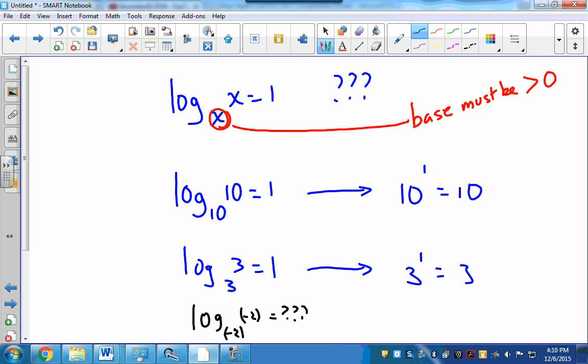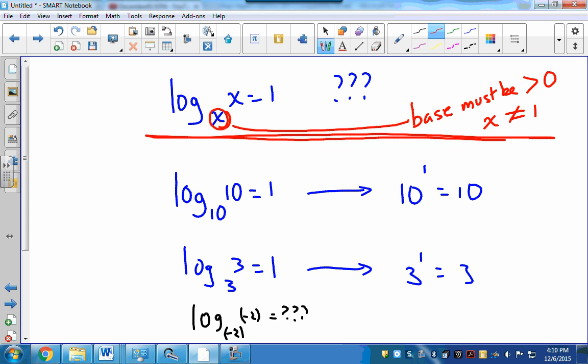So we're not allowed to do that. Base must be bigger than 0. And the other thing is that we do not want the base to be 1. We don't consider that an exponential function. So if you're looking at a problem like this and asked what the restrictions on x are, you simply have to say x is bigger than 0, but not 1.